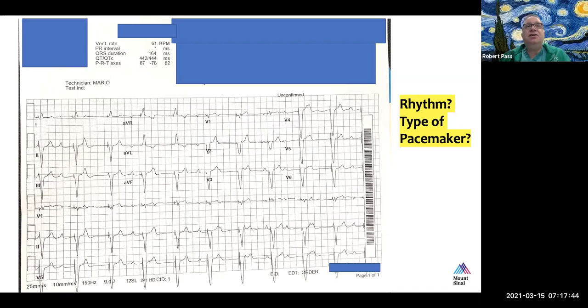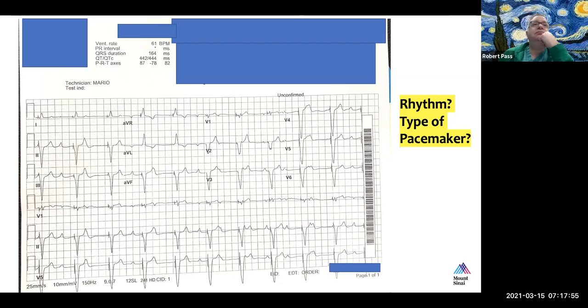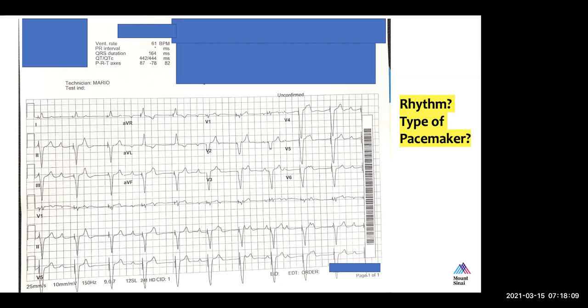Right. And what does AV synchrony confer to the patient? What does that do for you? Better cardiac output. How much better? So the answer is it really depends on how good your heart function is. Somebody who has very poor cardiac output, a dual chamber pacemaker is very important.